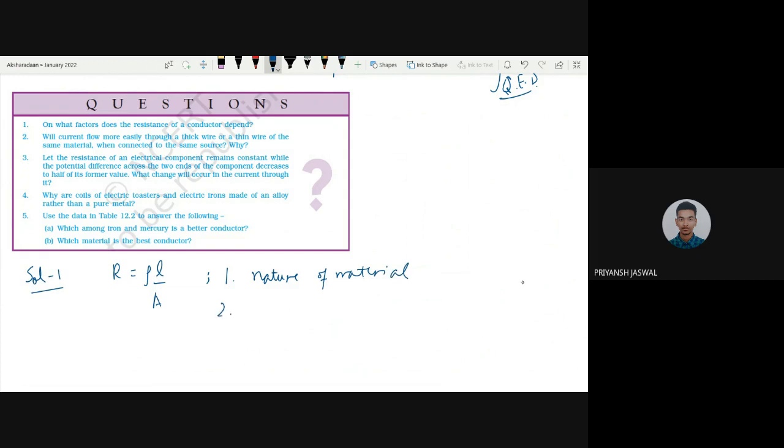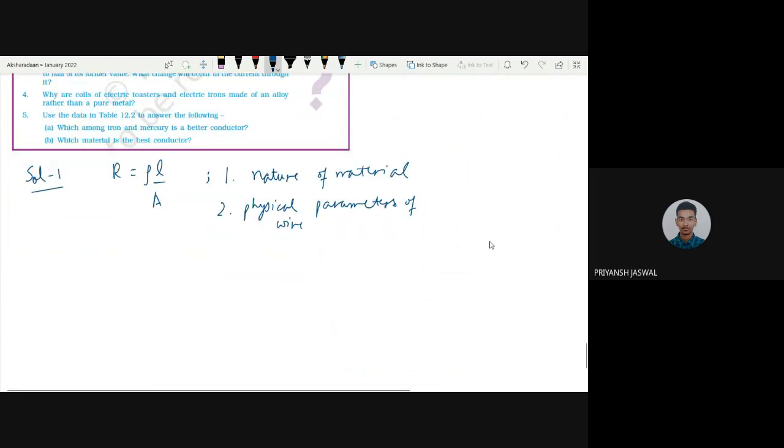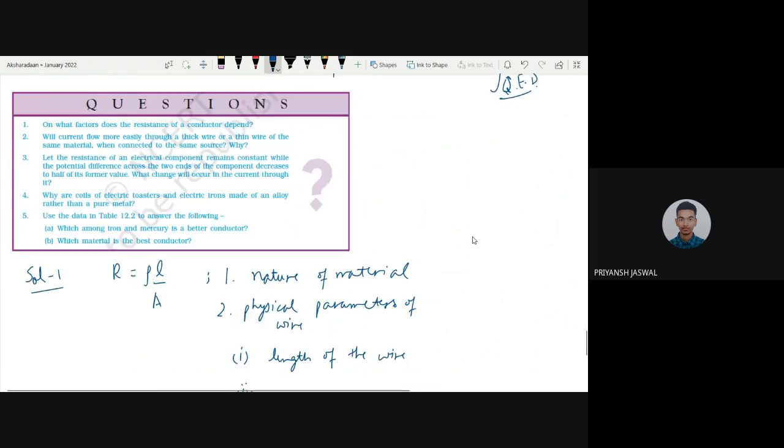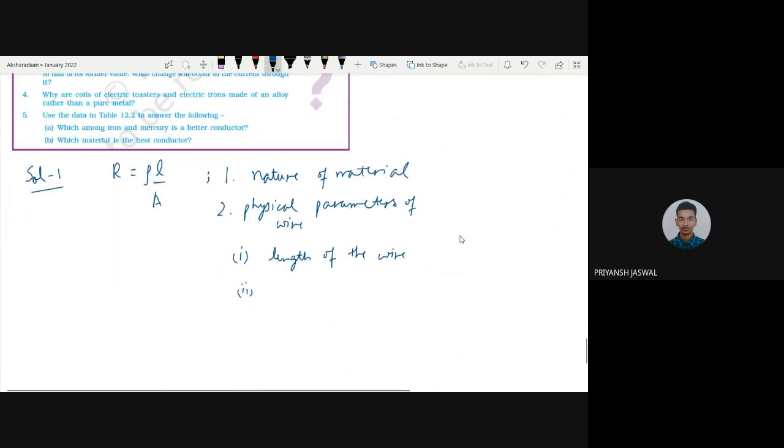Second, the physical parameters of the wire, and especially 2 parameters: the length of the conductor and the area of the conductor.